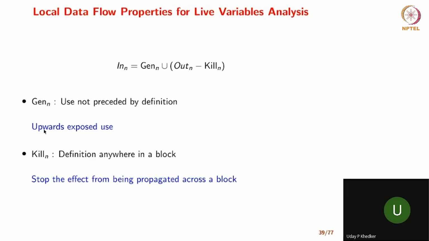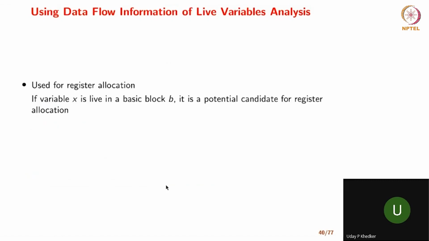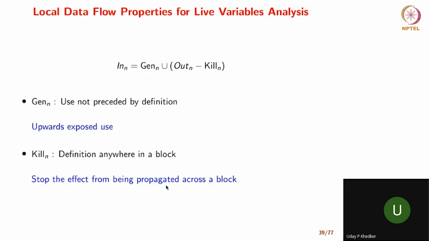So gen can be seen as upwards exposed use. It is exposed upwards in the sense that it is not covered by an assignment to the variable. So this upwards exposed use begins the liveness, and kill essentially stops the effect from being propagated across a block. Okay, so this is how we perform live variables analysis.